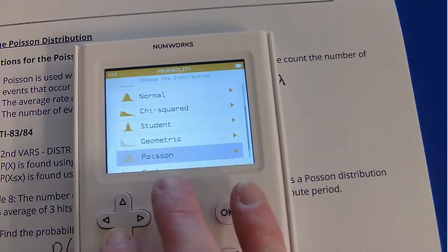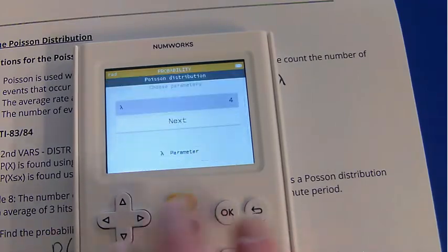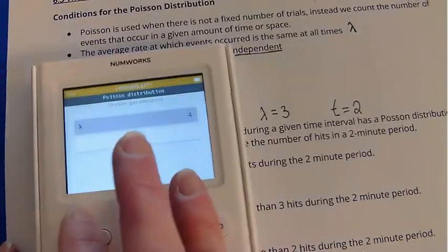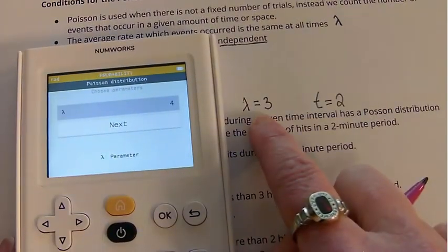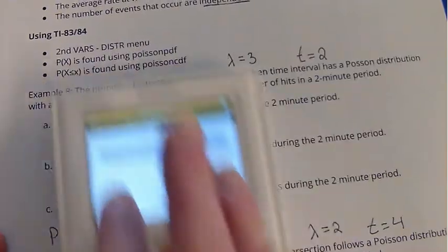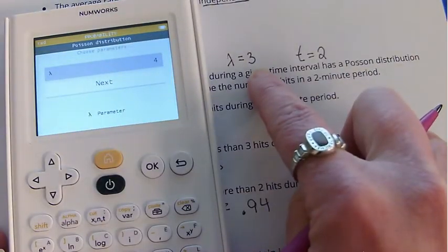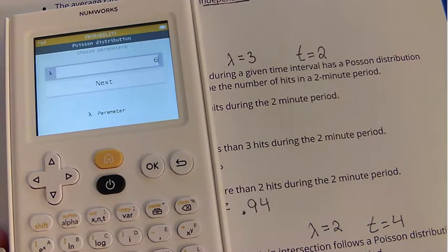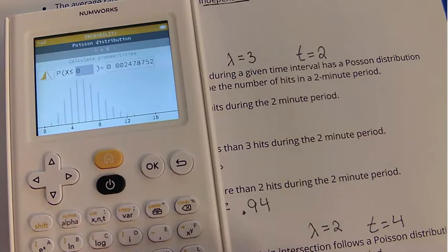If you look down at the bottom, there is a Poisson distribution. Now we have to be careful here. This lambda is not the lambda here because this is 3, this was the hits on a website, 3 hits per minute in a 2-minute interval. So I'd have to actually choose a 6 there. And that does get confusing a little bit.